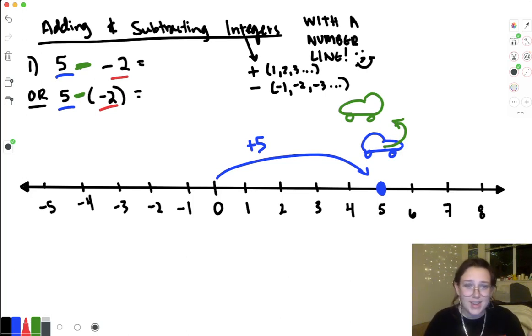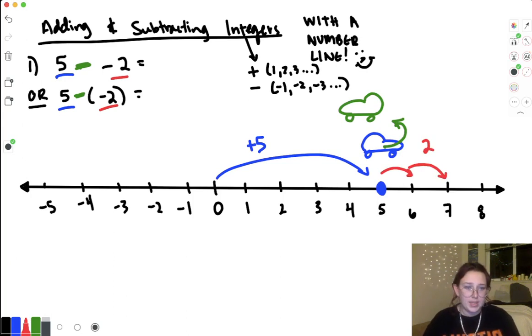I'm going to shift it into reverse. I'm going to change gears. So I am going to move backwards 2 spaces. I'm still at the point 5, and I'm just going to move backwards 2 spaces.